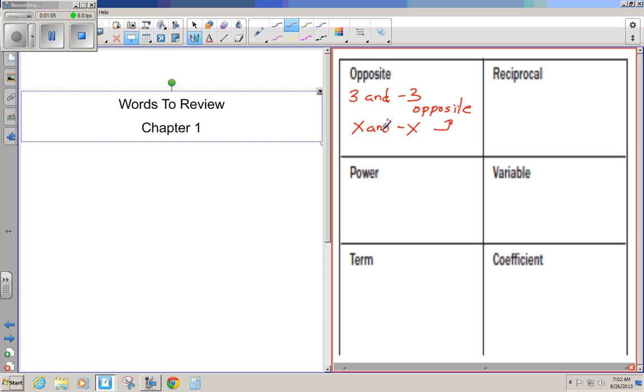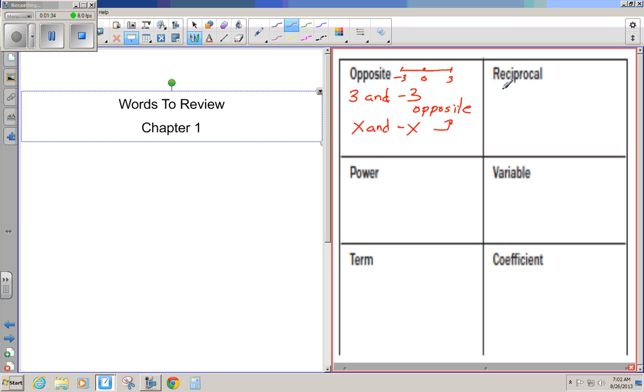These are examples. If you wanted a true definition, you could say opposites are equal distance in opposite directions from a center point. So here's 3, here's 0, your center point. You'd say that -3 is the same distance away as 3, but in opposite directions. So it's also a directional thing.